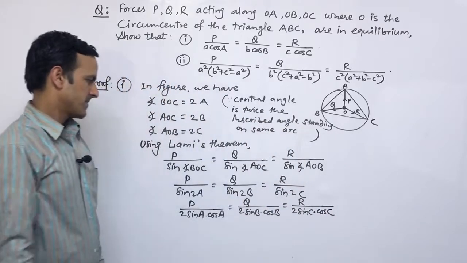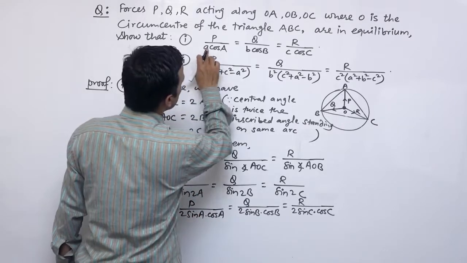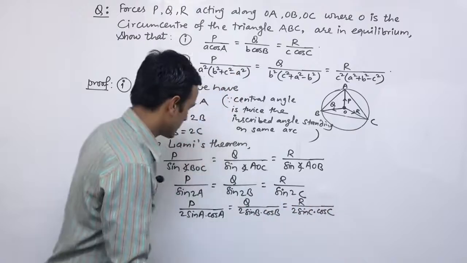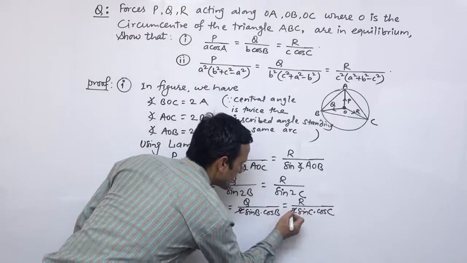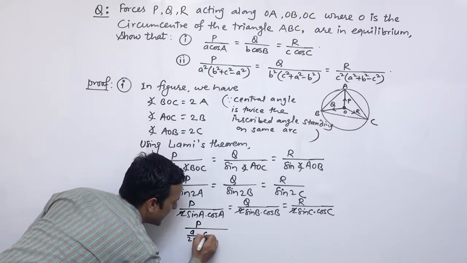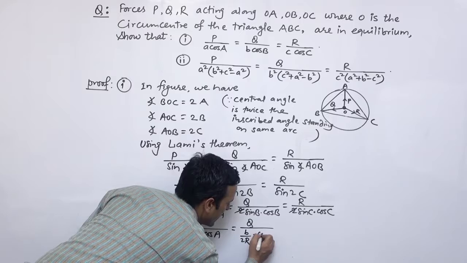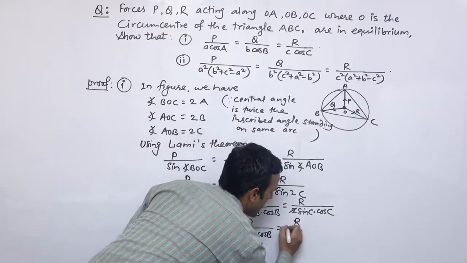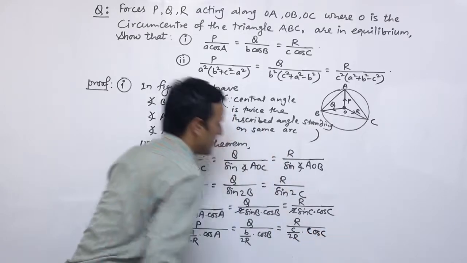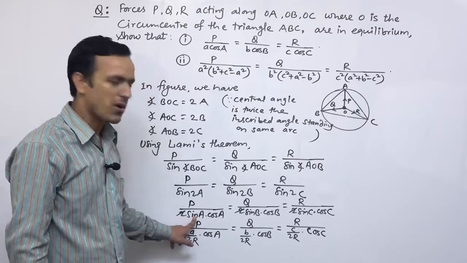So this is the formula. And our proof is P by A cos A, and so on. Here is cos A cos B cos C. We can write down that these 2 cancel, 2 cancel, and P upon sin A is A by 2R, Q upon sin B is B by 2R cos B, and R by sin C is C by 2R into cos C. And this is obtained by sine law from trigonometry.